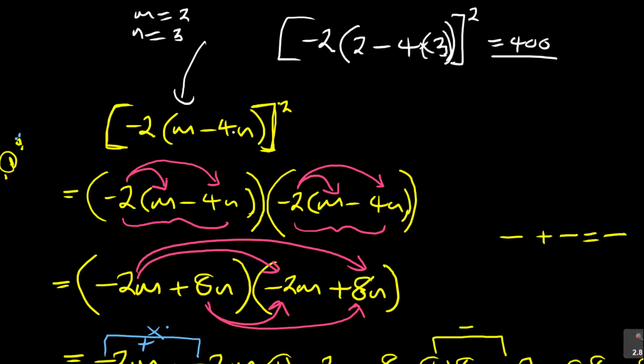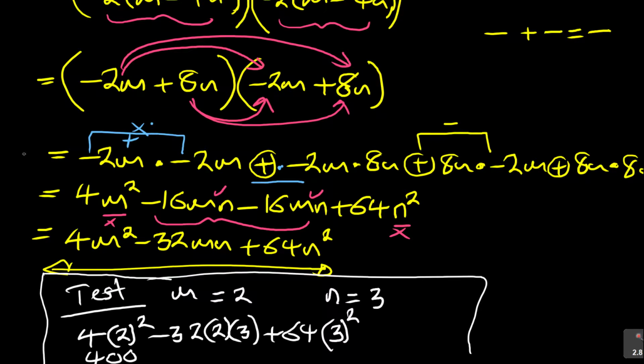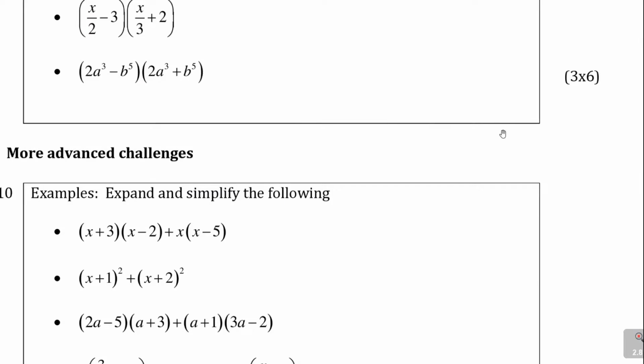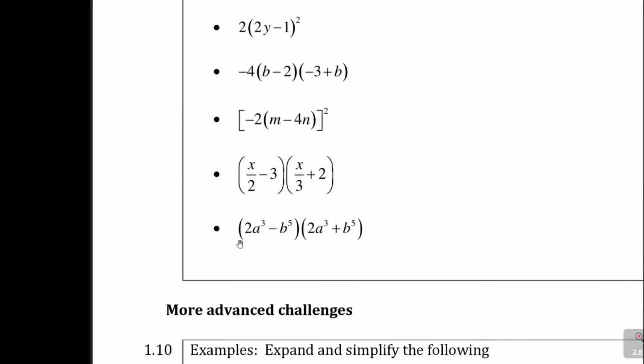Alright, so now you can see that it matches, meaning our final answer is correct. That's where you have a bit of confidence that you did the right thing. So guys, that's how I'm doing this slowly so that you can get the picture.